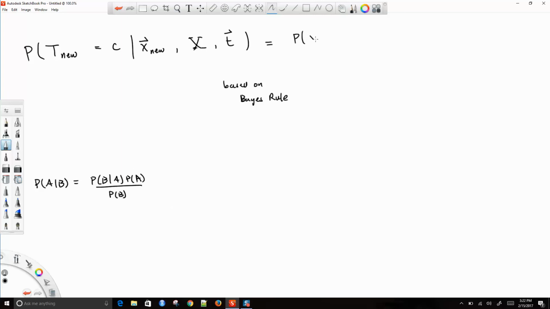It's going to be the probability of getting x new. I'll annotate this so it makes sense when you go through it. This is the probability of our new observation x, given, and we're going to put everything else on this side, given that t is in class C and the training data.